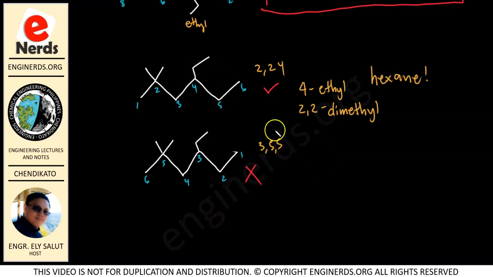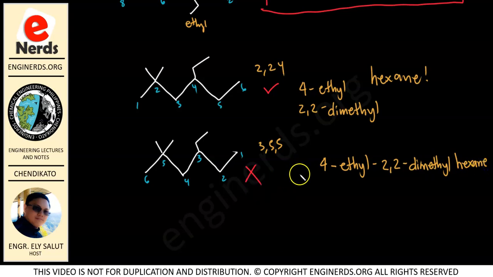Let us start with the ethyl. So, we have location 4, dash ethyl, dash our location of the methyl group which is on 2. And we have 2 methyl. So, we have 2,2, dash dimethyl hexane.